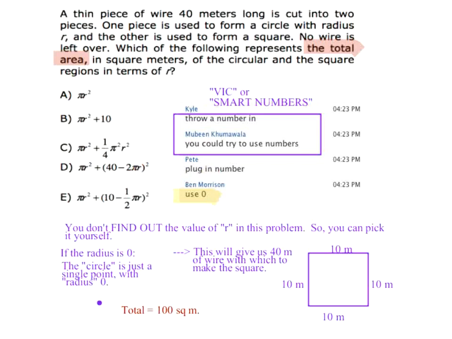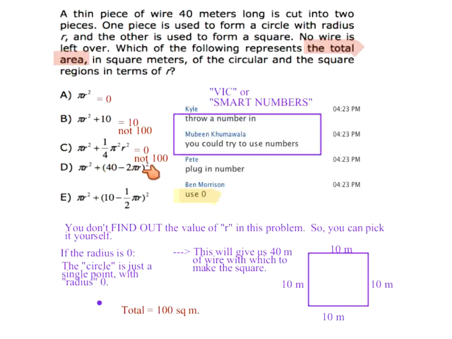So if you plug into these, well, that is just 0 in choice A. This is 0 plus 10, which is not 100. This is 0 plus another 0. So 0 is not 100.